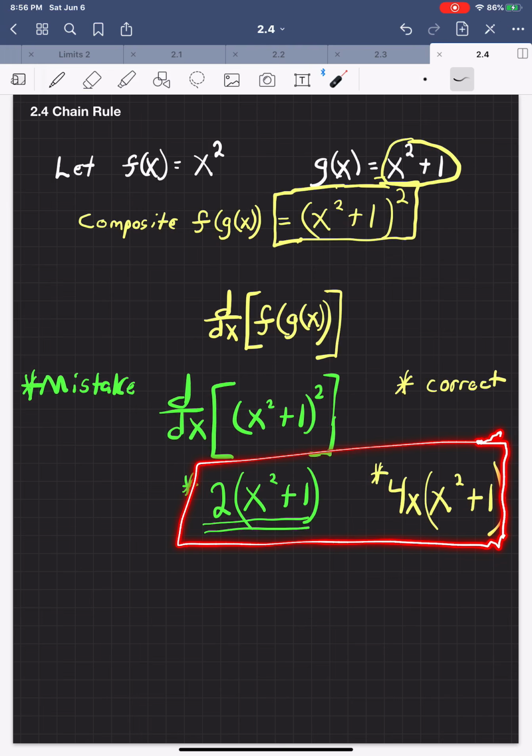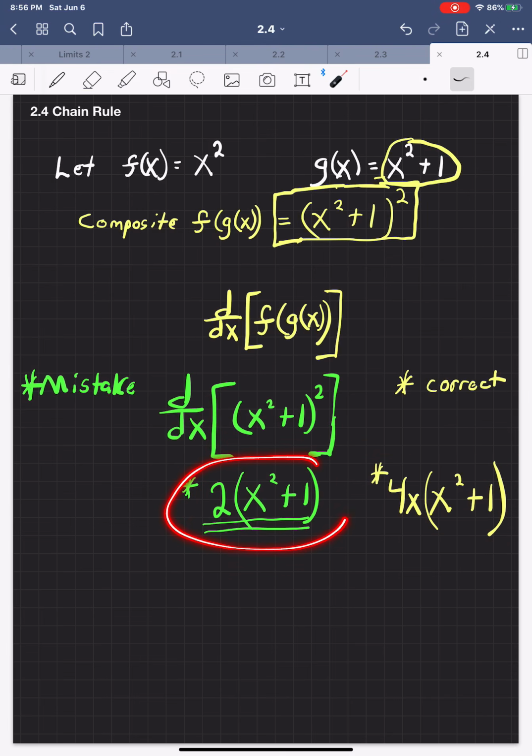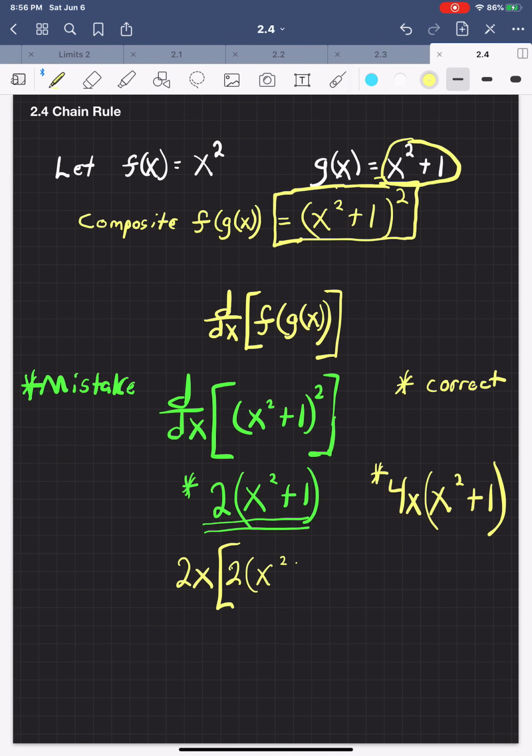Now, that's not good enough for mathematics, but it is good enough to ask, what would you have to do to this wrong derivative? What would I have to multiply by in order to make it the correct derivative? Well, do you agree with me that if I were just to multiply by 2x, then everything would match up perfectly?